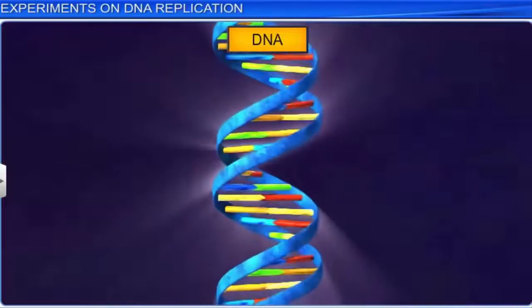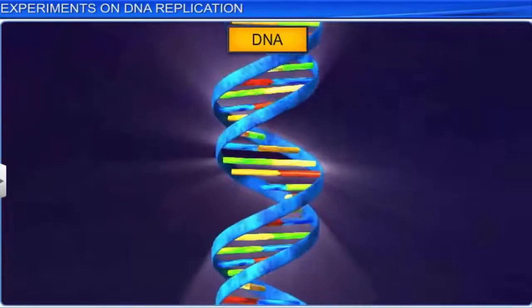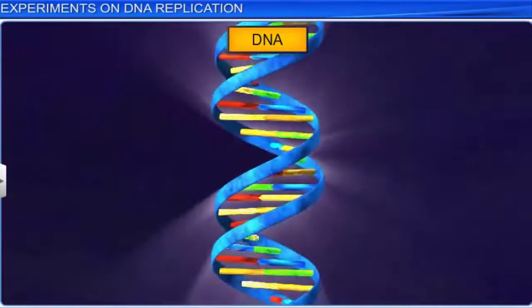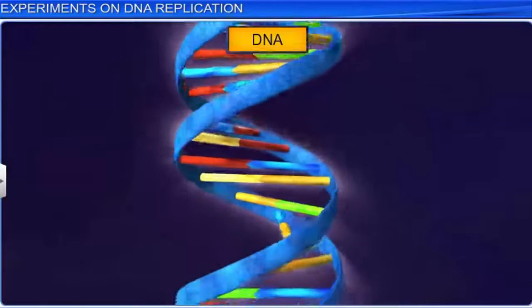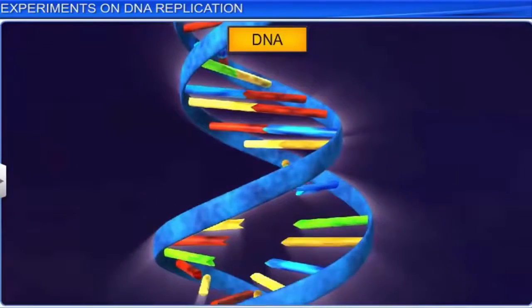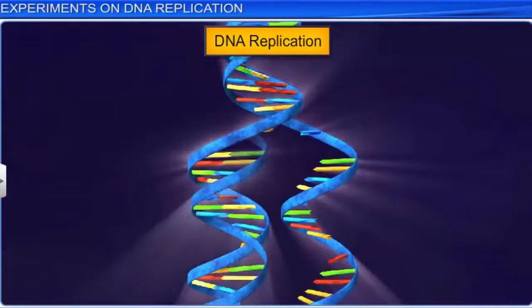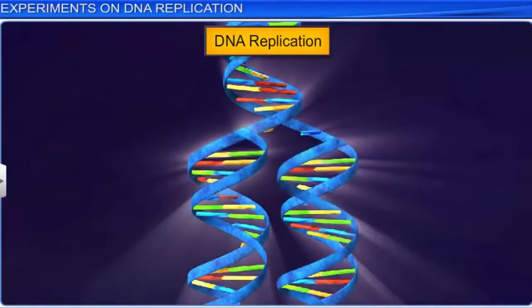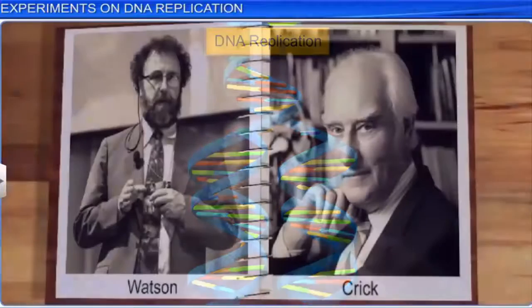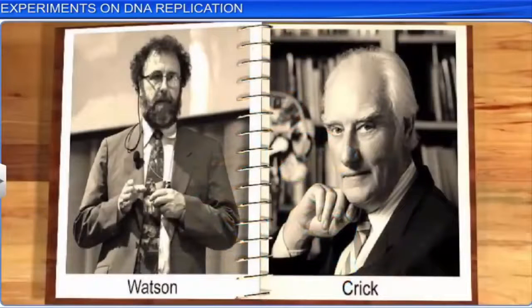Once it was proved that DNA was the primary genetic material in the living system, it was natural to conclude that DNA replicates as a molecule, qualifies as genetic material only if it replicates. Scientists Watson and Crick, who in 1953 had proved that DNA had a double helical structure, had also suggested a probable scheme for the replication of DNA.